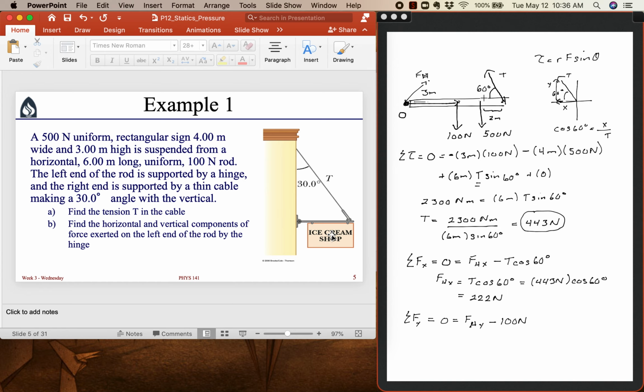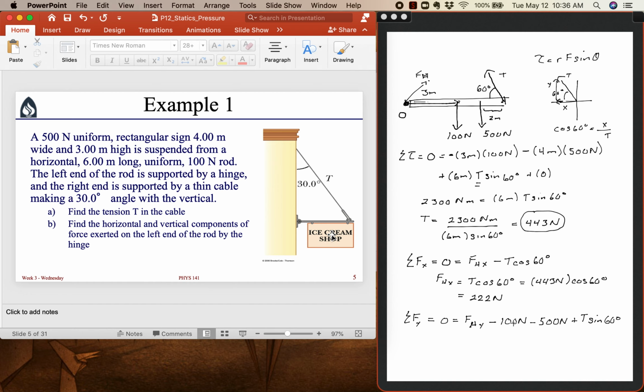I have the 500 Newton force also in the minus y direction. And then I have this component of the tension in the positive y direction. And this component is opposite the 60-degree angle, so that's going to be plus T sine of 60 degrees.